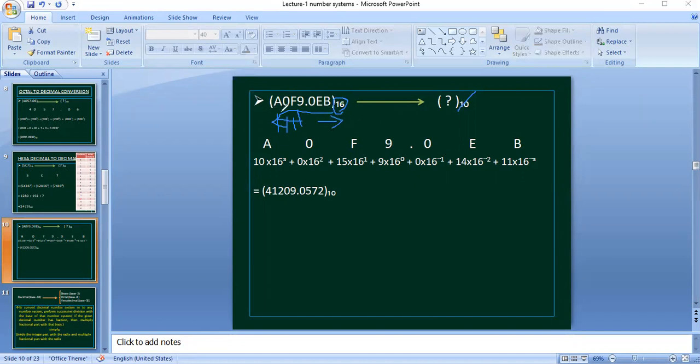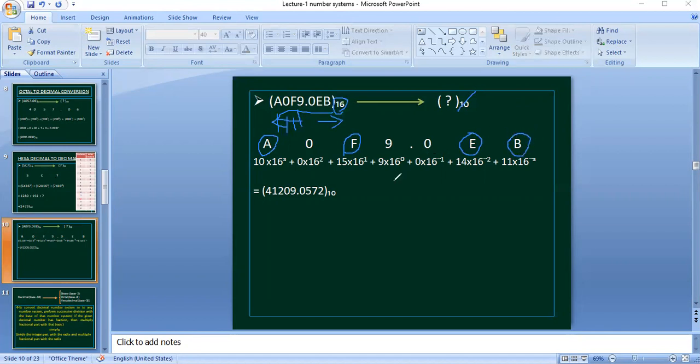Okay, so from the previous table we have to write the decimal equivalents for the given alphabets. For A, the decimal equivalent is 10. For F, the decimal equivalent is 15. For E, the decimal equivalent is 14. For B, the decimal equivalent is 11.